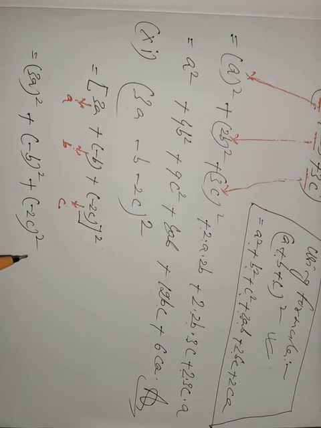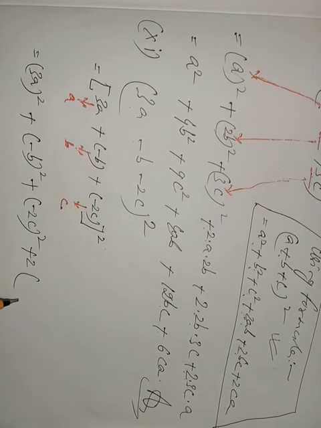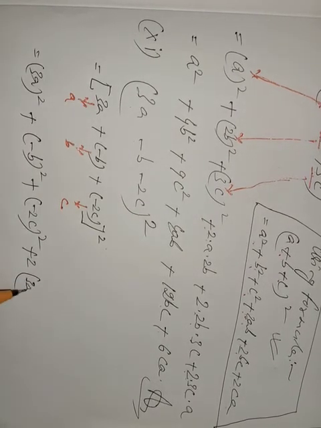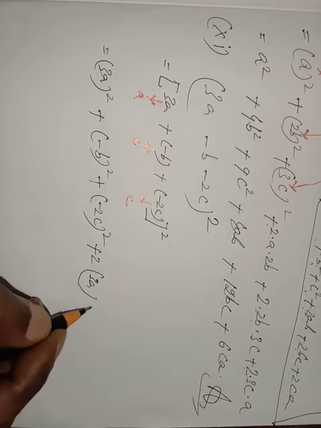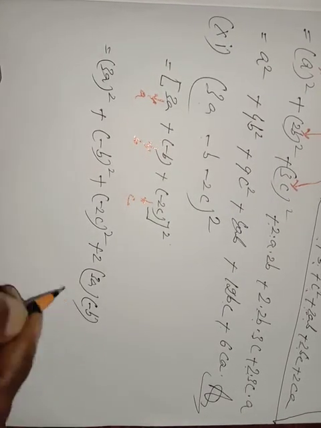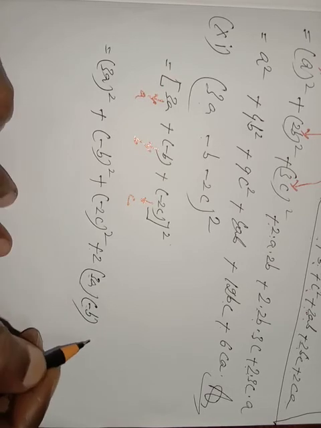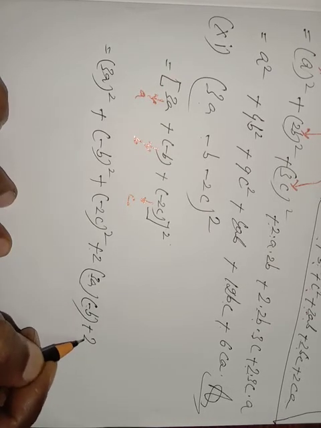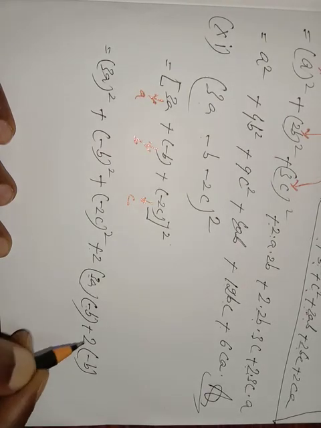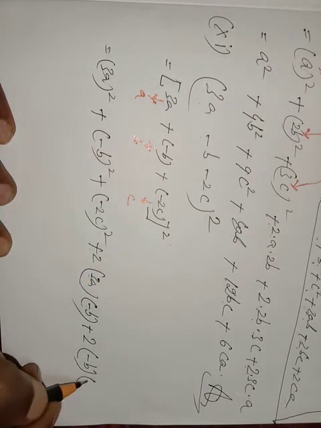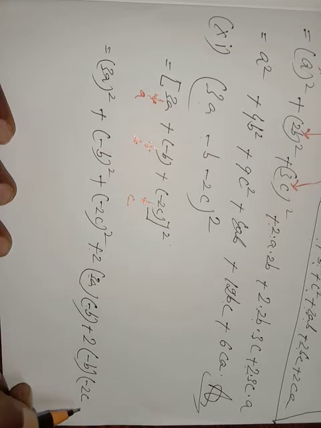Next it will be plus 2ab, where a means 3a and b means minus b. Next plus 2bc, where b means minus b, c means minus 2c.